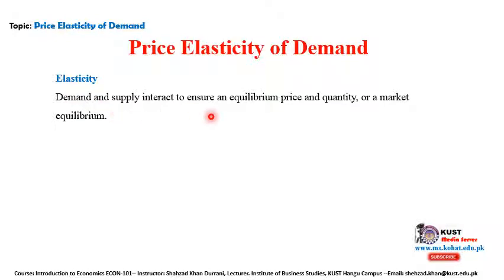So due to which, for example, they are getting far away from the market equilibrium, right? So till they get restored to that equilibrium position, we say that there is an elasticity in demand and there is an elasticity in supply.